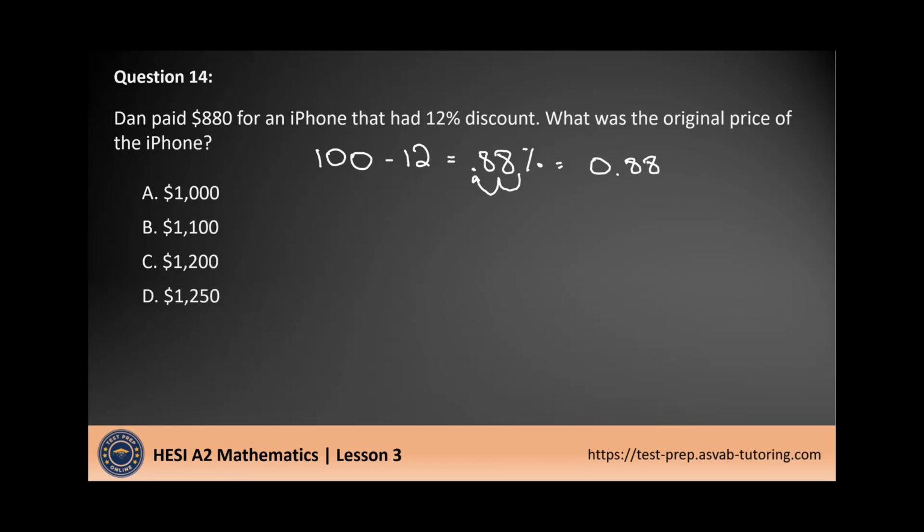So 0.88 times our original price, which we'll call P, equals $880. We want to get that P by itself. We'll undo the multiplication happening here by dividing. So we'll divide by 0.88.